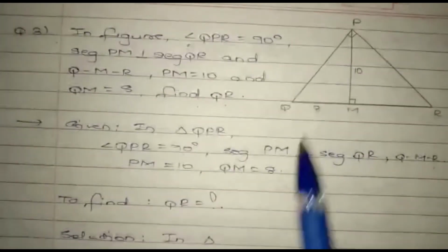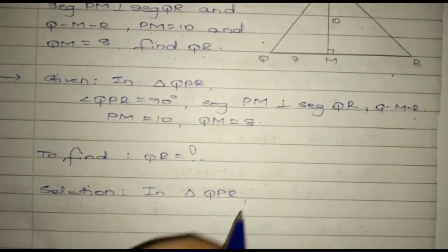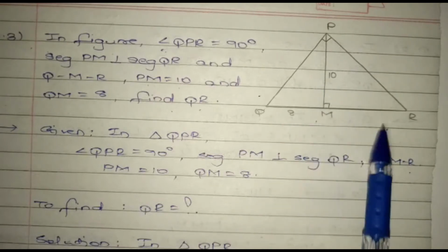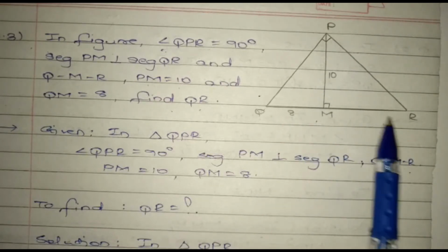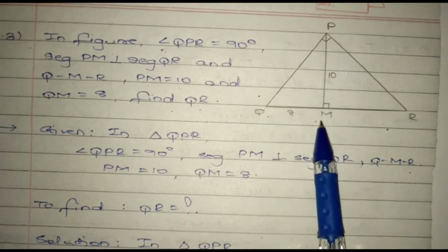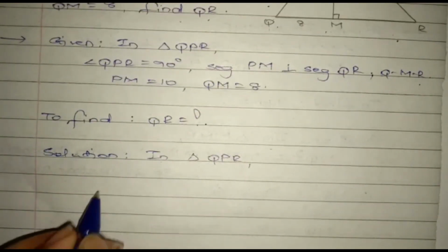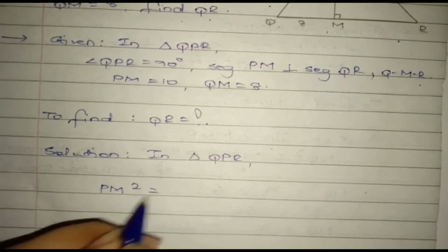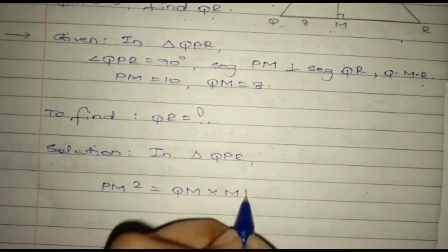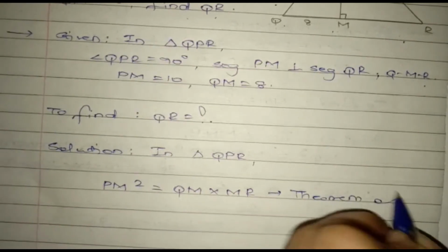In triangle QPR, PM square is equal to QM into MR using the theorem of geometric mean.